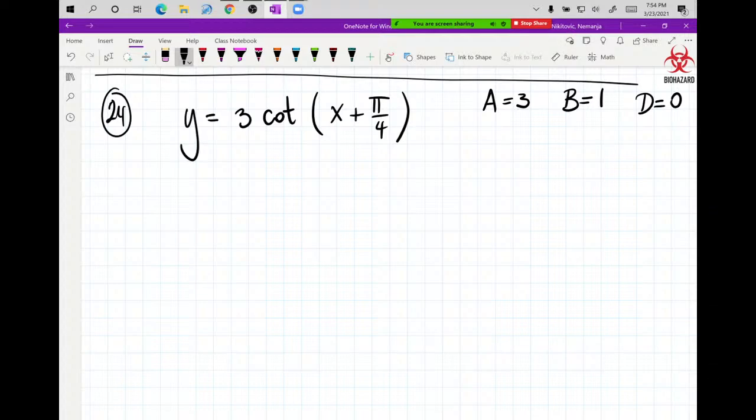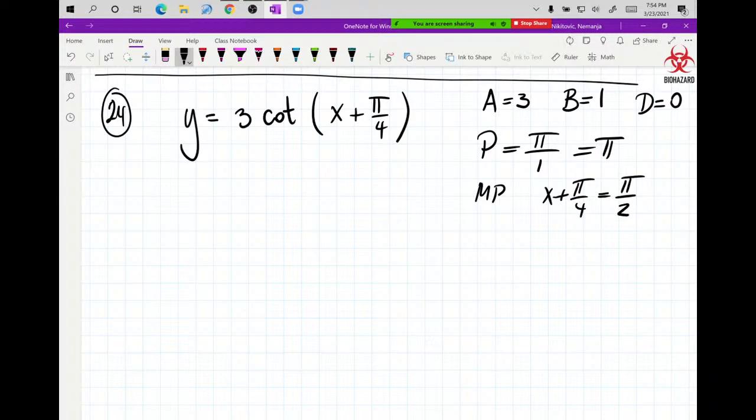This C part will be part of your calculations for the midpoint, so we don't care, right? Period is pi divided by 1, so period remains pi. The midpoint is the parenthesis, but remember, it has to be set to pi over 2. And when you subtract pi over 4, you get pi over 4.